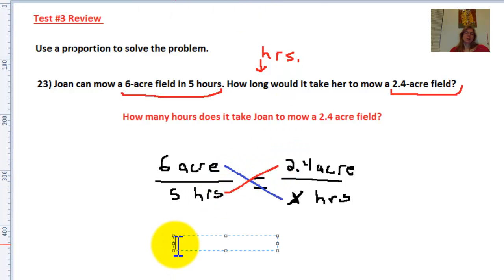So then we're going to have our 5 hours, times, I'm going to be bold and use an X, times the 2.4 acre, and that will be equal to 6 acres times X. We'll use a big capital.